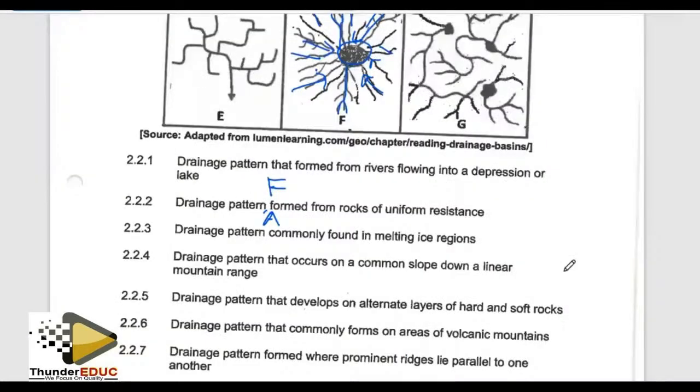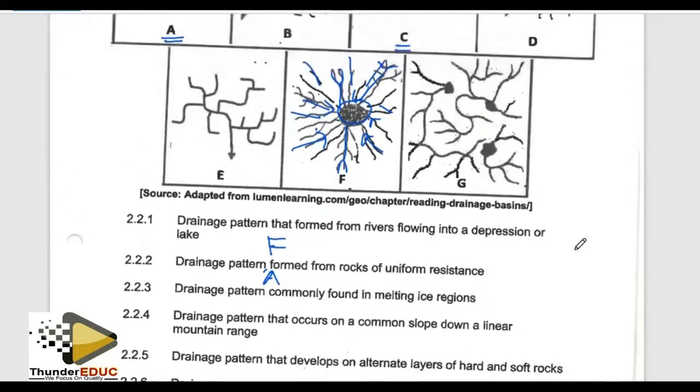2.2.3, a drainage pattern commonly found in melting ice regions. I think that is typical of G, which is the deranged, because deranged forms in glacial areas where streams do not have a clear pattern of flow. They are haphazard, you see.